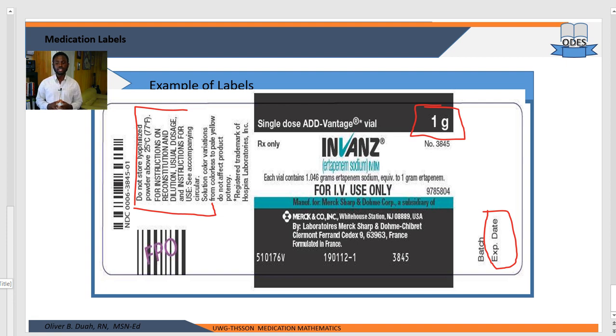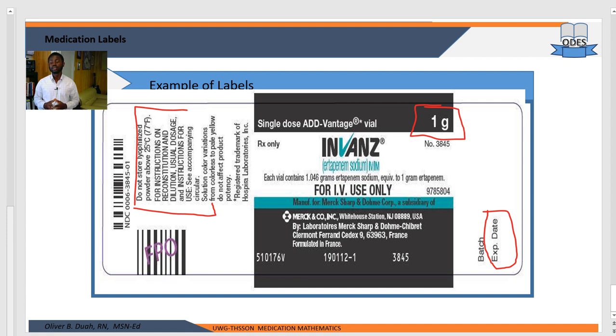You should be able as a nurse to read these labels, interpret them, and use them for your medication calculations, or to just verify if you are giving the right medication through the right route and giving the right dosage.